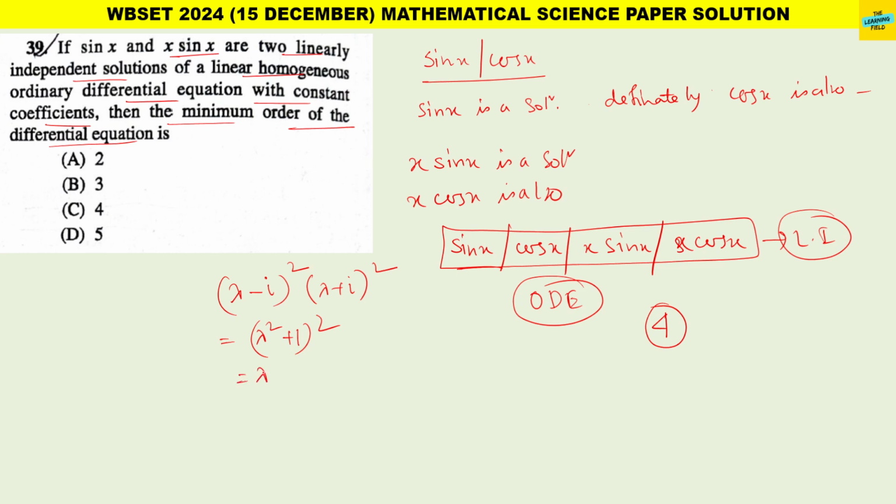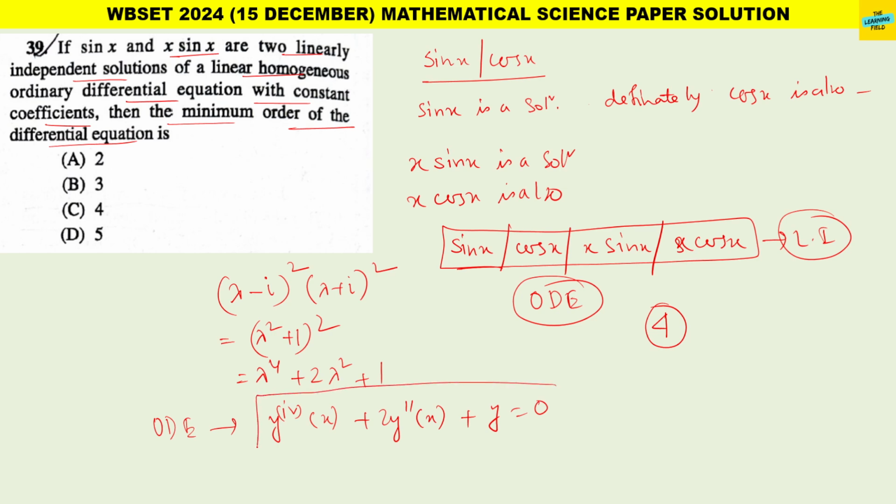This is equal to lambda to the power 4 plus 2 lambda square plus 1. That is, the ODE is of the form y to the power 4 of x plus 2y double dash x plus y equal to 0. So this is the form of this problem. Fine. So the correct answer is option 4.